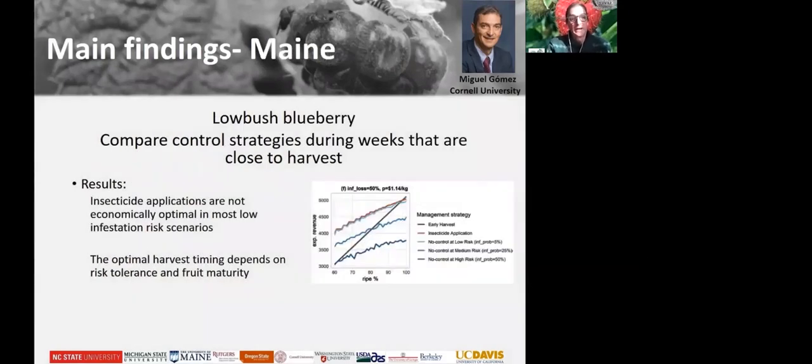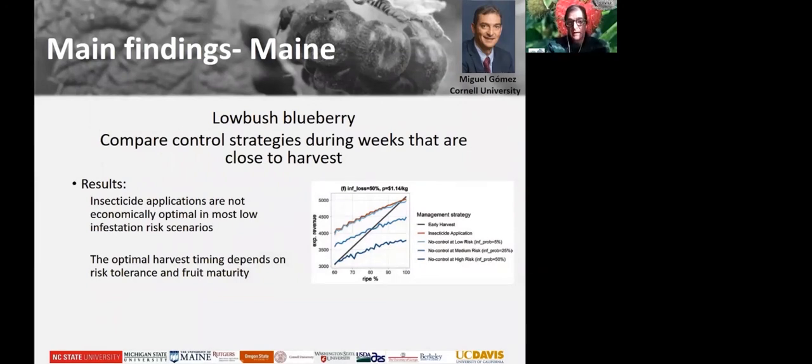Another example is in low bush blueberries in Maine. And here we focus on comparing control strategies during weeks that are close to harvest. And in particular, we are evaluating whether it is worth spraying one more time or harvesting early. And our results are very interesting, even for those growers that are not organic, that use insecticides.